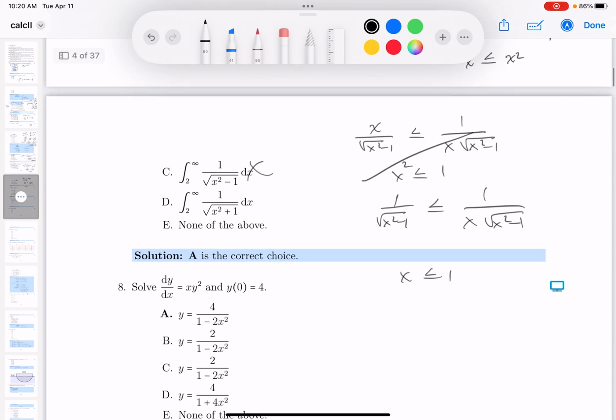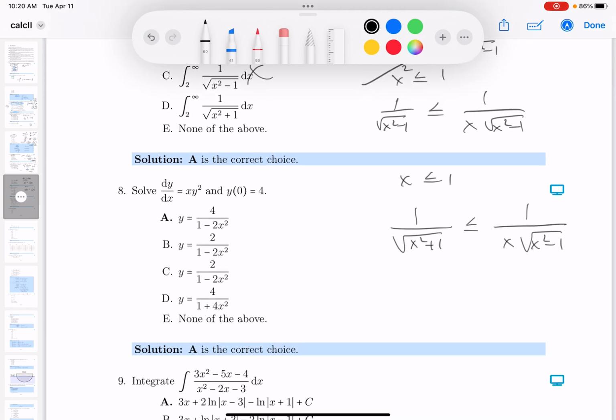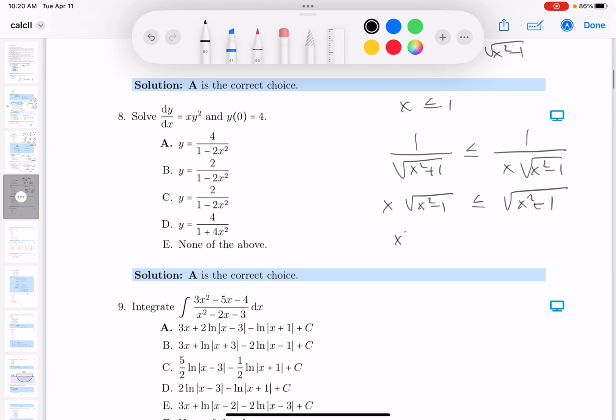Again, we're throwing things out, by the way. And last but not least, you're looking at 1 over, let's put this one down for you. A little more complicated, isn't it? Let's just manipulate it. You get x squared minus 1, x squared plus 1. Square both sides, right? You get x squared minus 1, x squared plus 1.